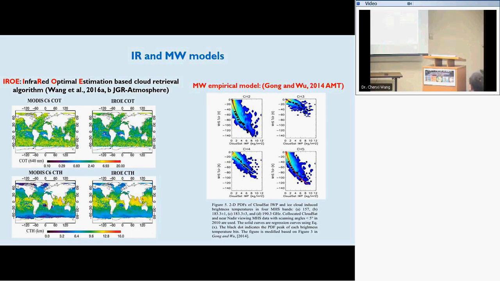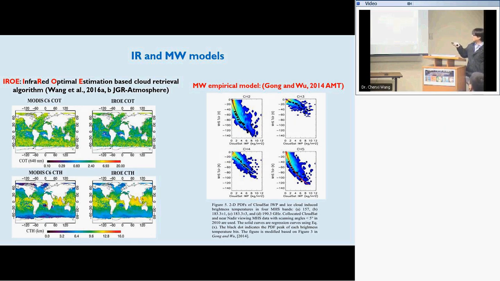We retrieve cloud optical thickness, particle size, and also cloud top height using the MODIS infrared channels. We have applied this method to the MODIS global data, and here you can see the comparison between the MODIS data product versus our retrieval. They are very consistent.